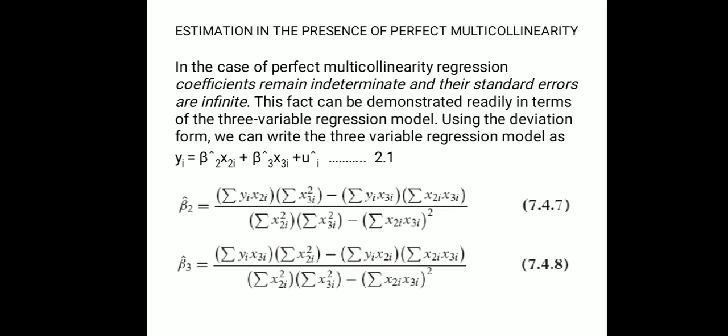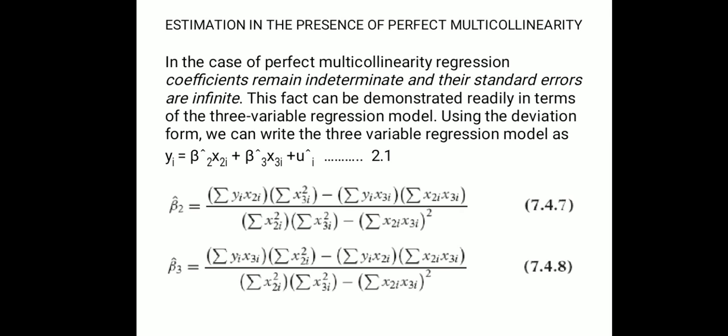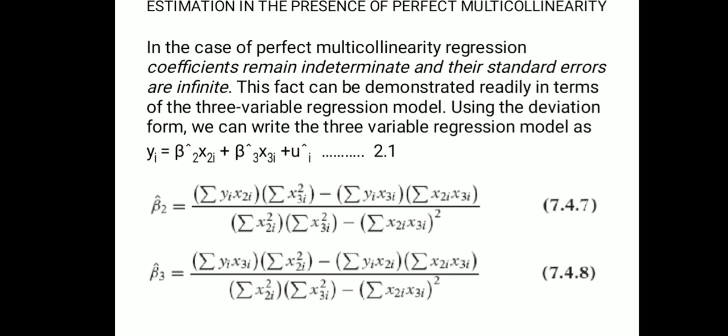Beta 2 cap is given by sum of yi x2i into sum of x3i squared, minus sum of yi x3i into sum of x2i x3i, divided by sum of x2i squared into sum of x3i squared, minus the square of sum of x2i x3i.